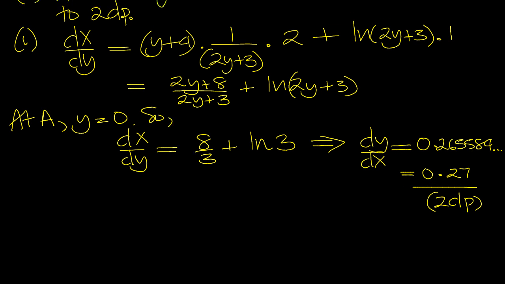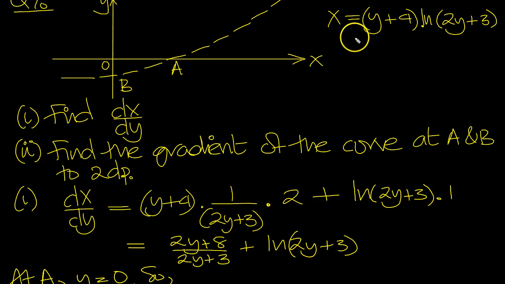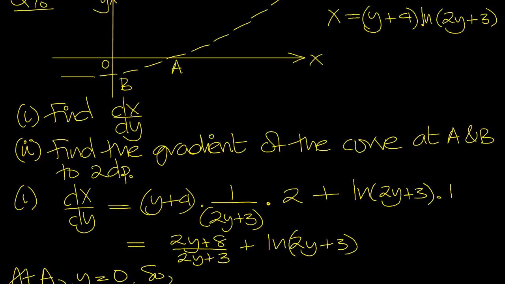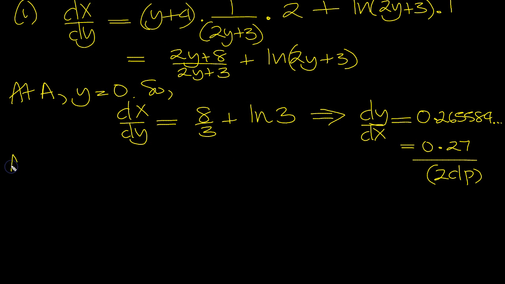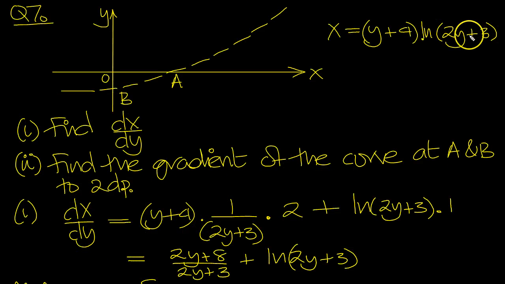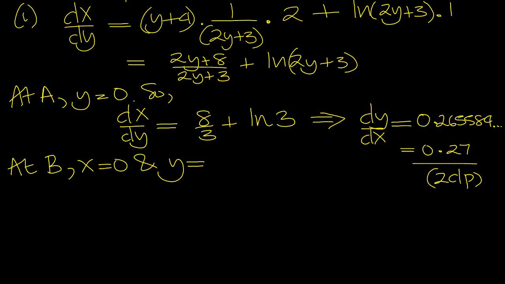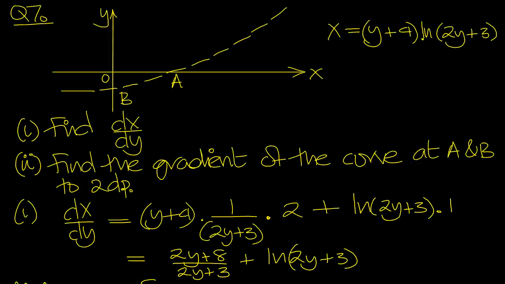Okay, so now at B, x is 0, isn't it? So when x equals 0, what does y equal? So y would equal minus 4, wouldn't it? But there's a problem there, because when y is minus 4, this is not defined, because it's negative.